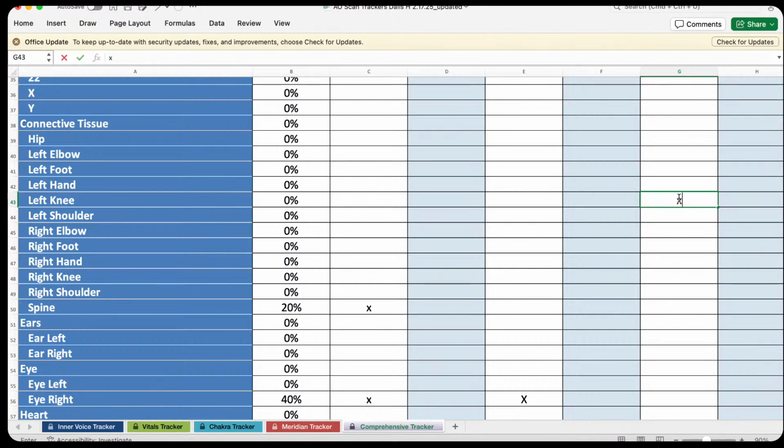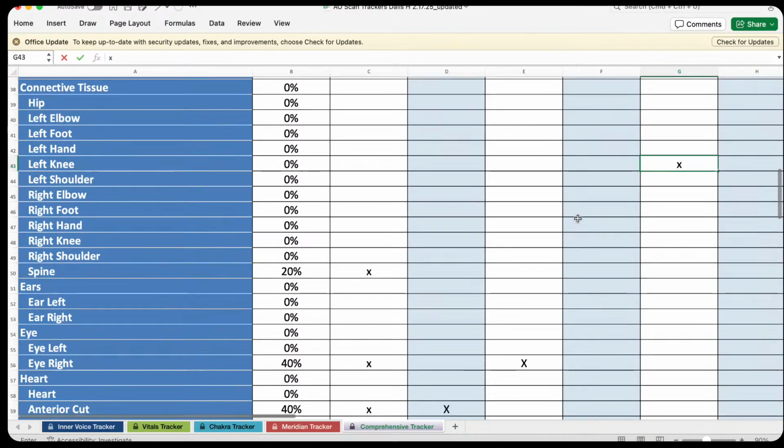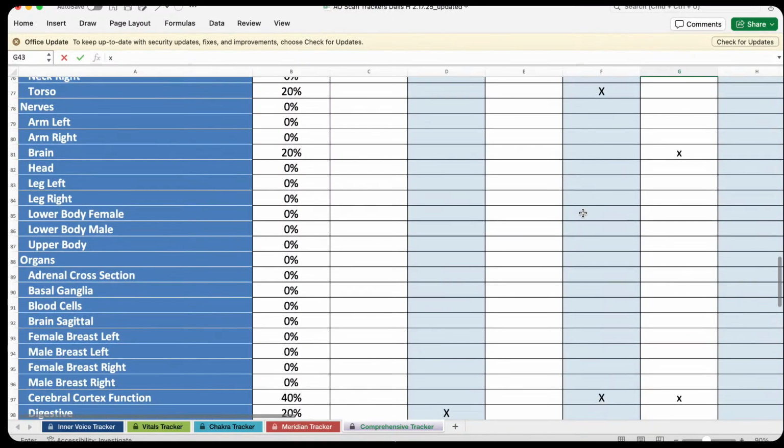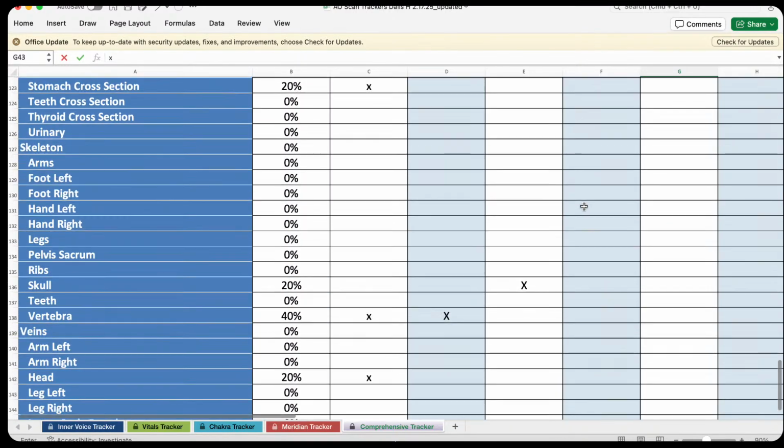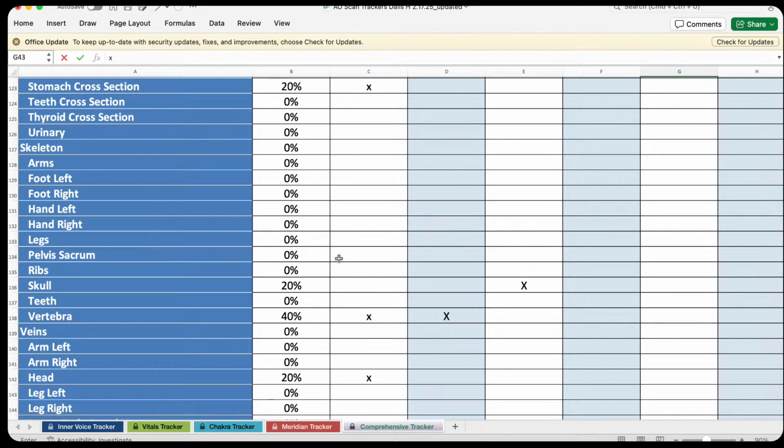All right. Skeleton, pelvis, sacrum. All right. Skeleton, ribs. Okay. Skeleton, vertebrae. Okay.